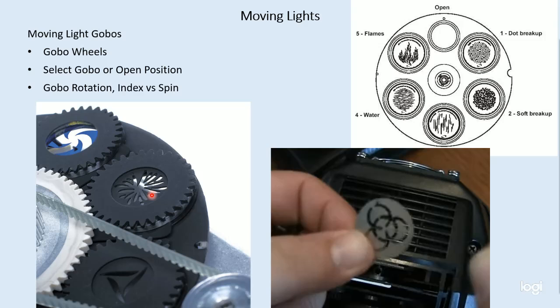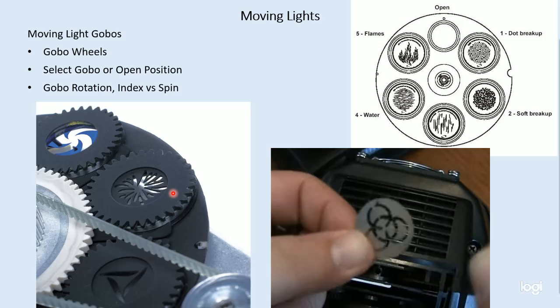If we had a logo for a company, say the FSU logo printed on a gobo, when we project that onto the wall, we want that to be right side up, in the correct orientation. In order to do that, I have to be able to index that gobo to a very specific angle and then save that in a cue.